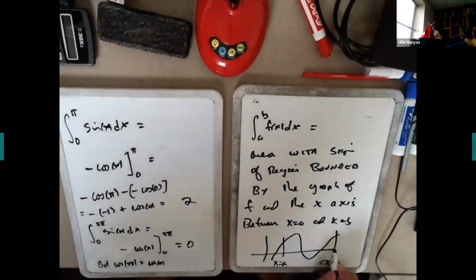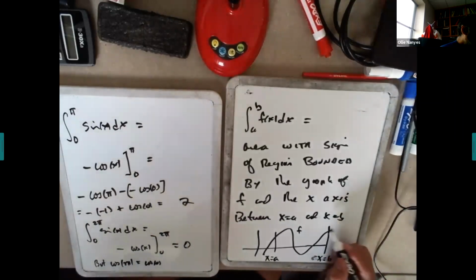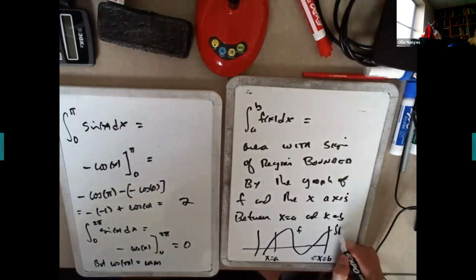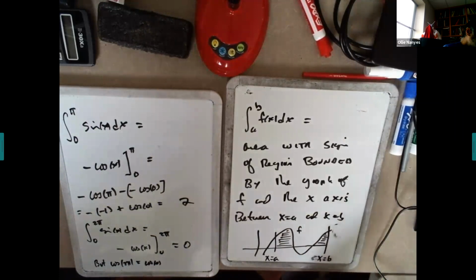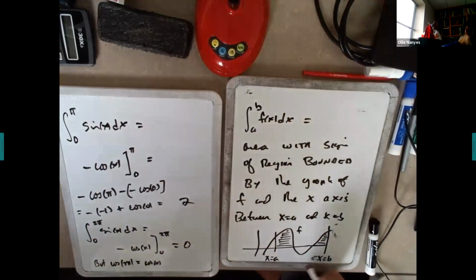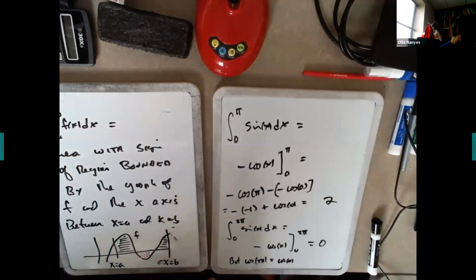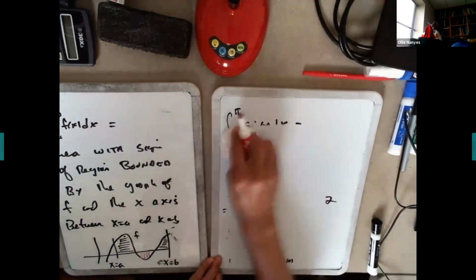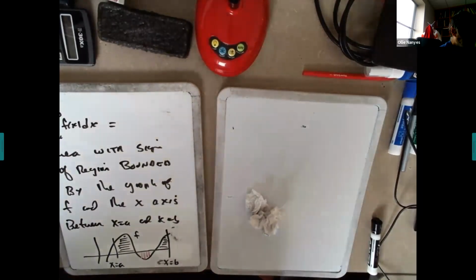What the integral is going to give you, and this is your function f, well, the integral of f, I'll just state it, gives you this positive area, and you take away from that this negative area. So, let's label these.